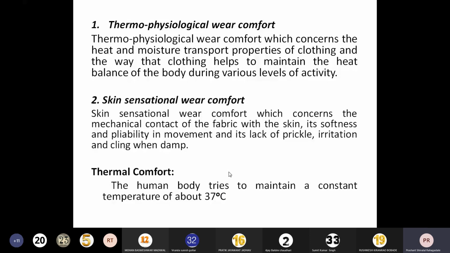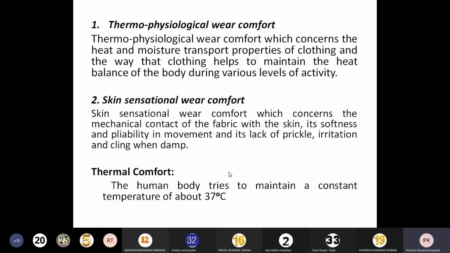It is related to the heat and moisture transport property of your fabric or cloth which you are wearing, and the way in which this particular fabric or cloth will help you to maintain the heat balance of your body during various activities and at various levels of activity.